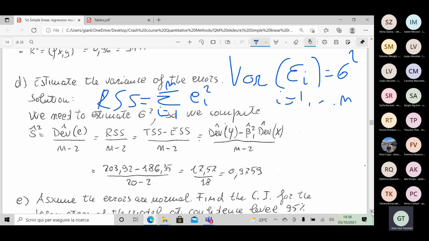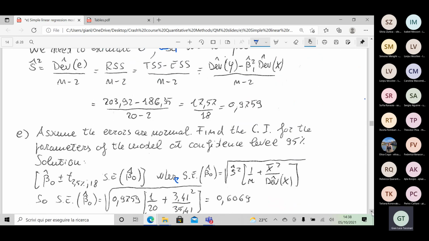Now, another point. Assume the errors are normal, so the epsilon i are normal. Find the confidence interval for the parameters of the model at the confidence level 95%. So what do we need to do, guys? Well, here we need to build the confidence interval for the parameter beta 0 and for the parameter beta 1.